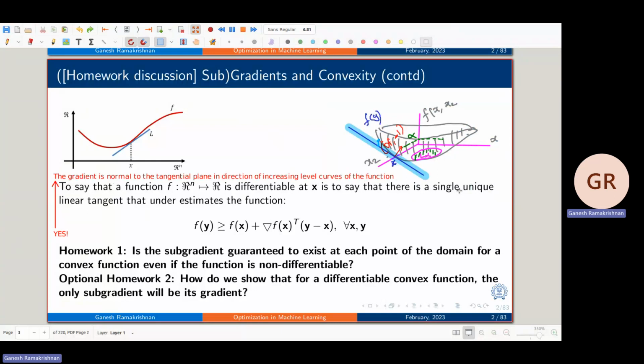We'll just show a glance at the proof. It basically says that the gradient is always in the subdifferential, and if it's a differentiable convex function, any subgradient which lies in the subdifferential must become the gradient. That's the second part. The first part, the intuition is clear, right?